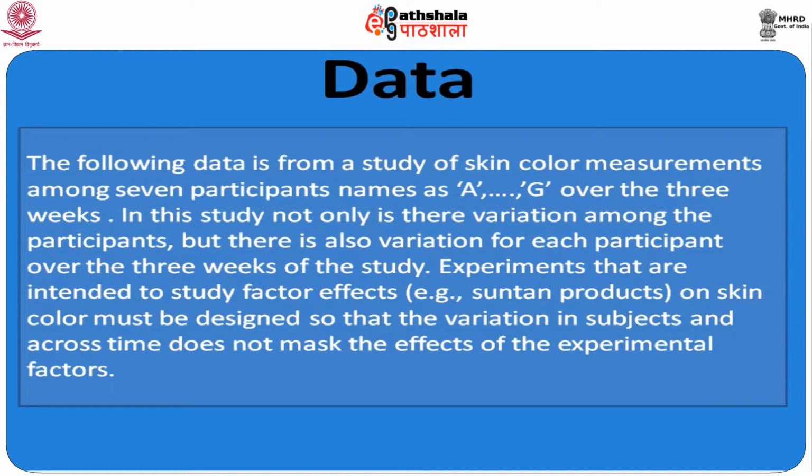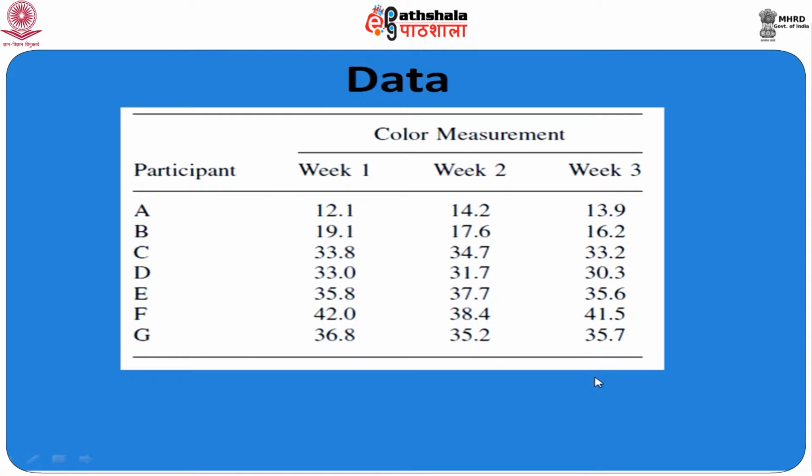There is variation among the participants, but also variation for each participant over the 3 weeks. Experiments intended to study factor effects on skin color, such as skin-shortening products, must be designed so that the variation in subjects and across time does not mask the effects of experimental factors. And here is the data.